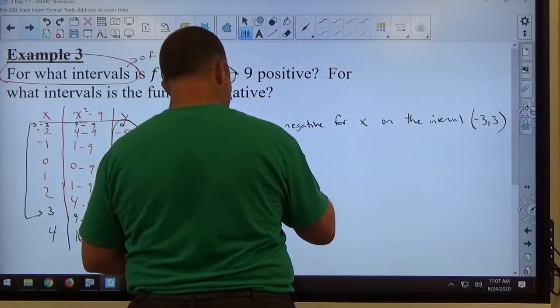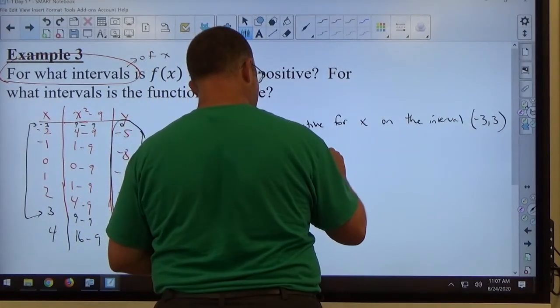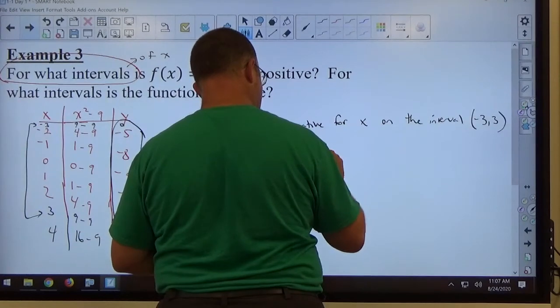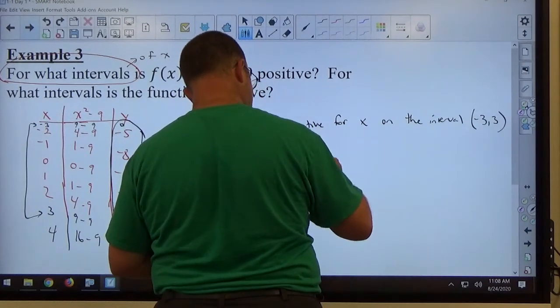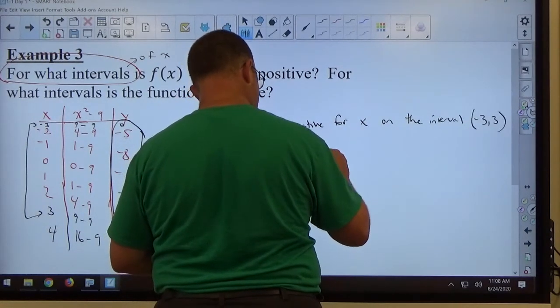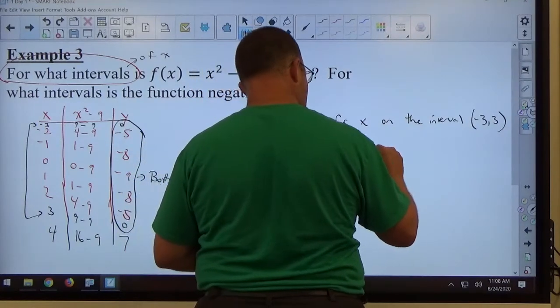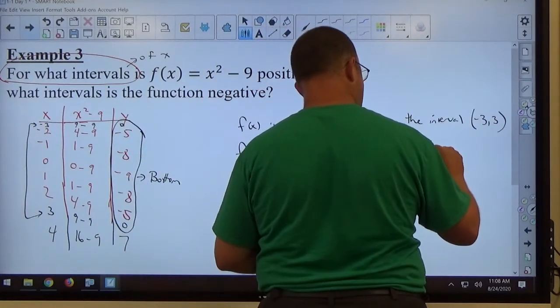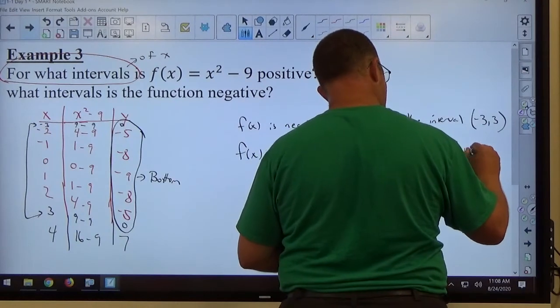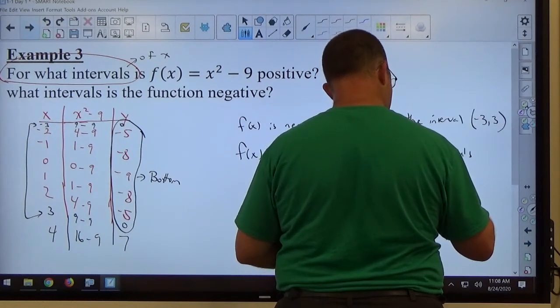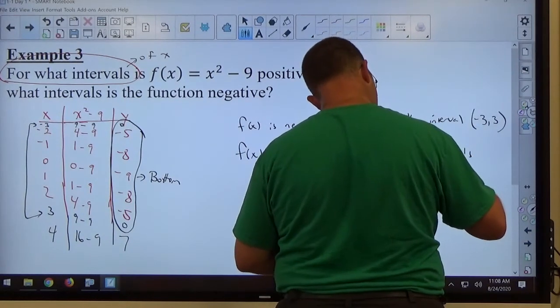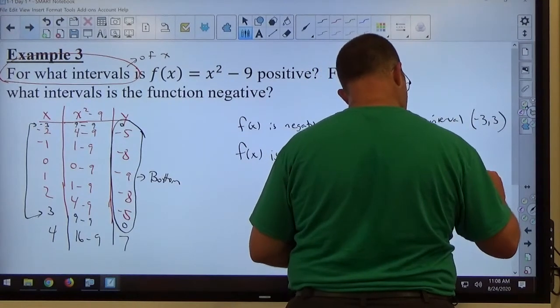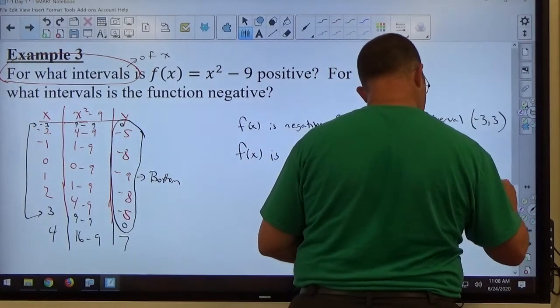F of x is positive for x on intervals (-∞, -3) and (3, ∞).